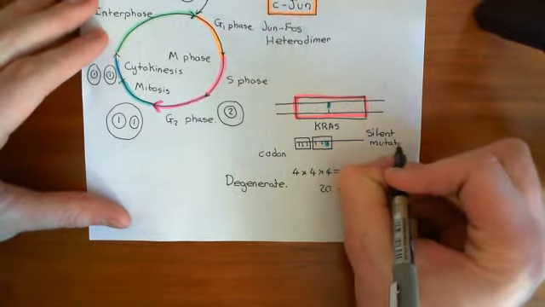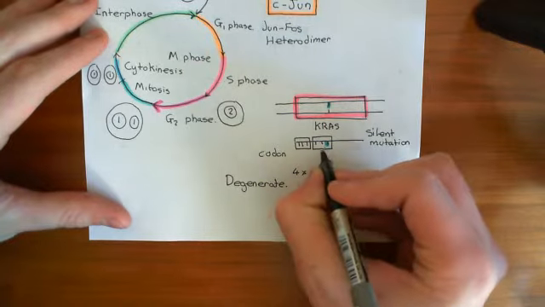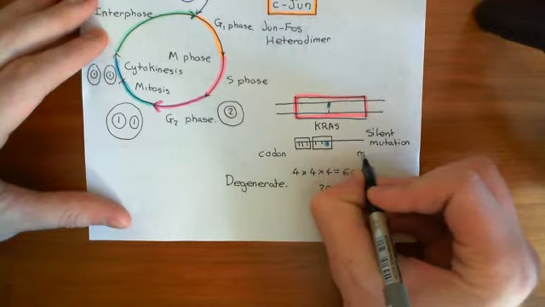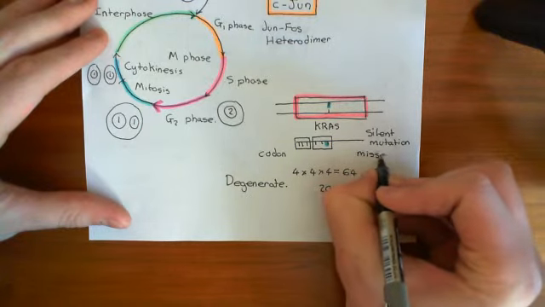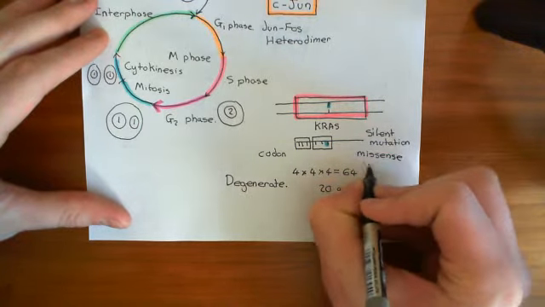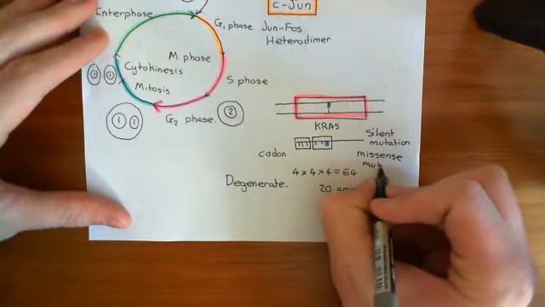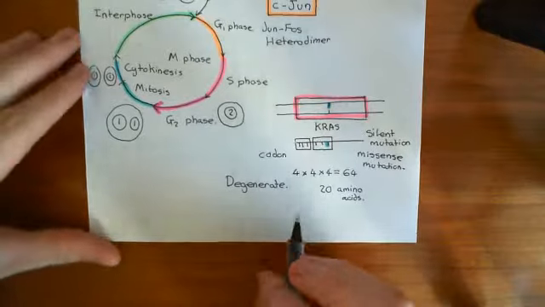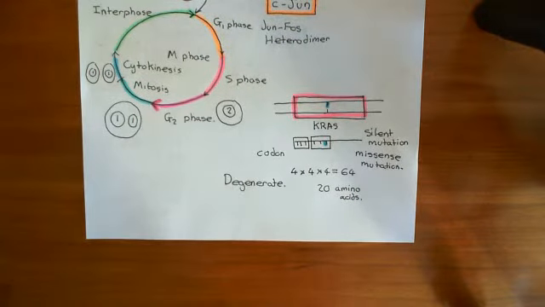Now, if the amino acid you put into the protein does change, then it's called a missense mutation because you have put in the wrong amino acid, so you've made a mistake. So let's say we get a missense mutation in KRAS, so that one of the amino acids in the polypeptide is wrong.